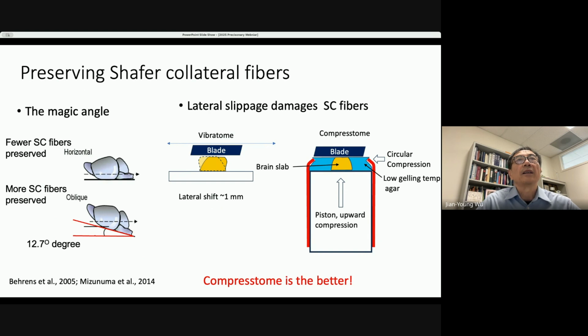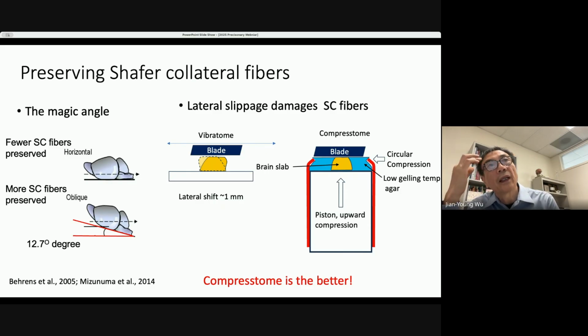Another issue is lateral slipping damage. We use a strobe light, a flashing light at a certain frequency, to observe the vibratome blade. We find the brain slab in the middle moving laterally, slipping a lot, about a millimeter sometimes, with the blade.